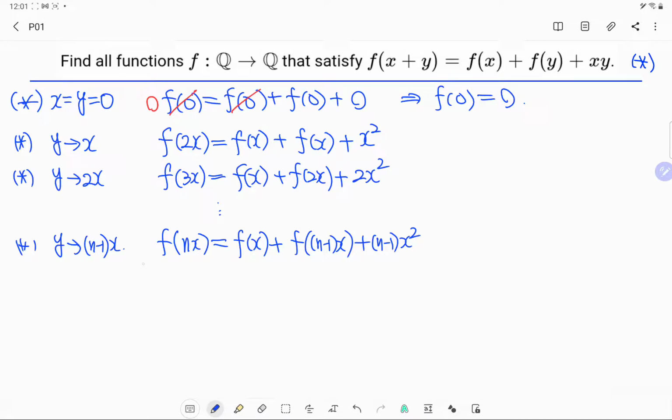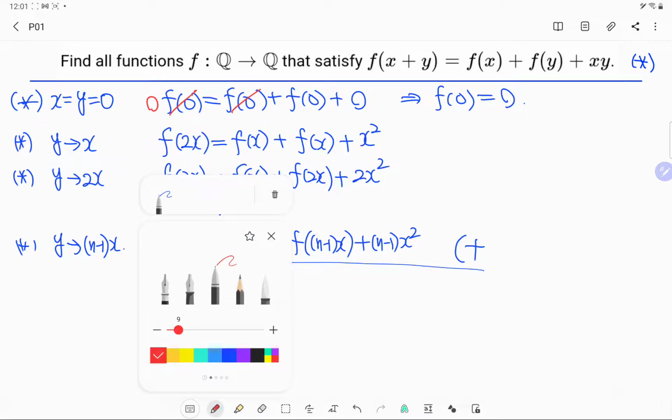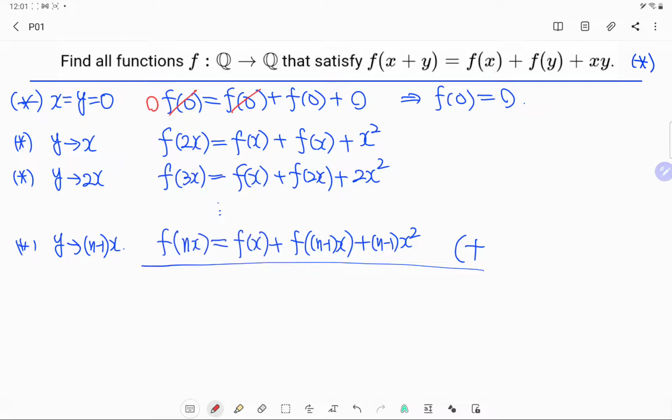So we can just add this equation and the n minus 1 equations together, and we know that we can make some cancellation. We can see that we have f of 2x here, and f of 2x here, f of 3x here, and then we will expect f of 3x here. And finally, we have f of n minus 1 x, and we will expect f of n minus 1 x here.